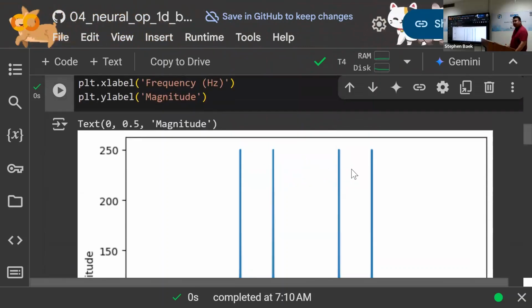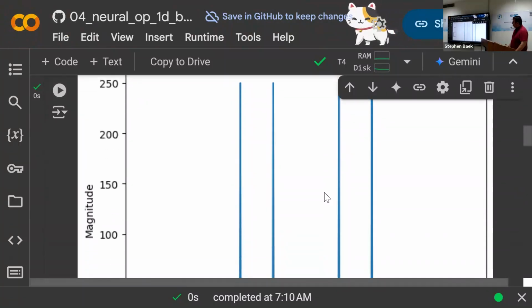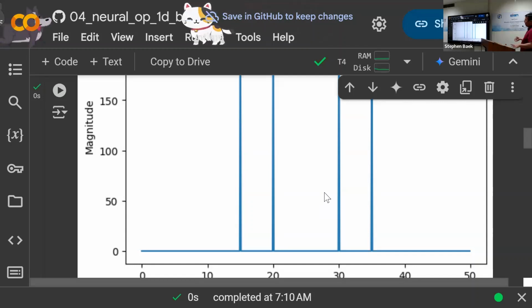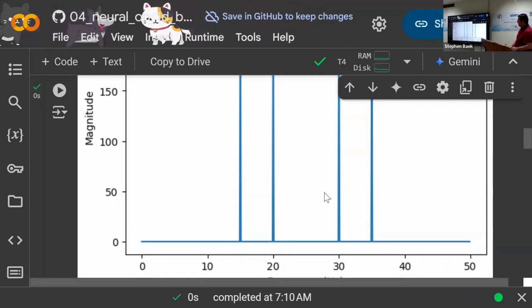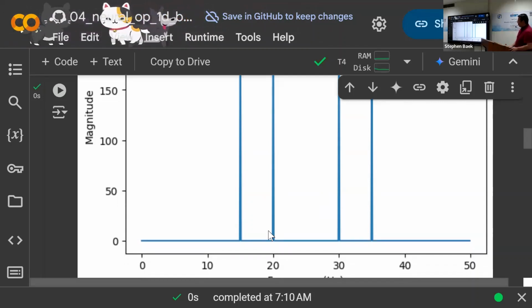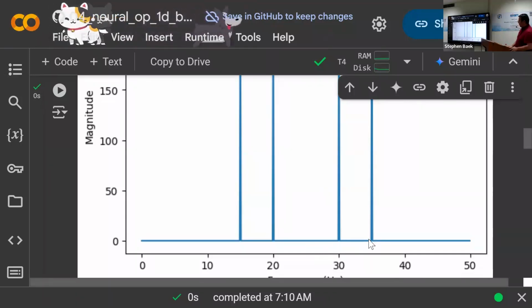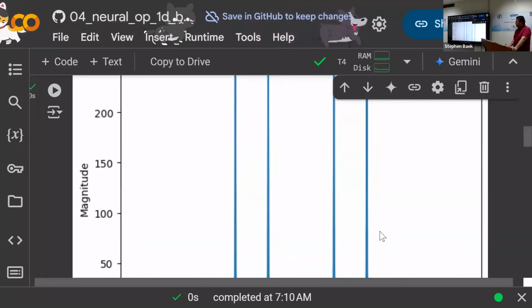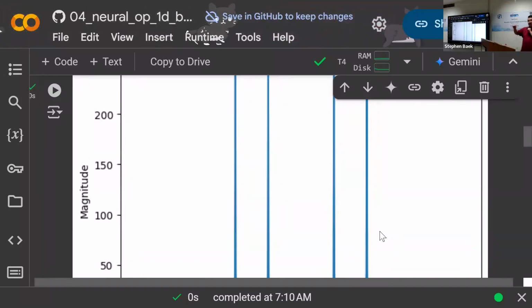But then you may wonder, well, we started from two frequency components, right? 15 hertz and 20 hertz. But somehow we have not only 15 and 20, but also 30 and 35-ish, right? That's because for real numbered signals, the Fourier transform will always have this imaginary component.